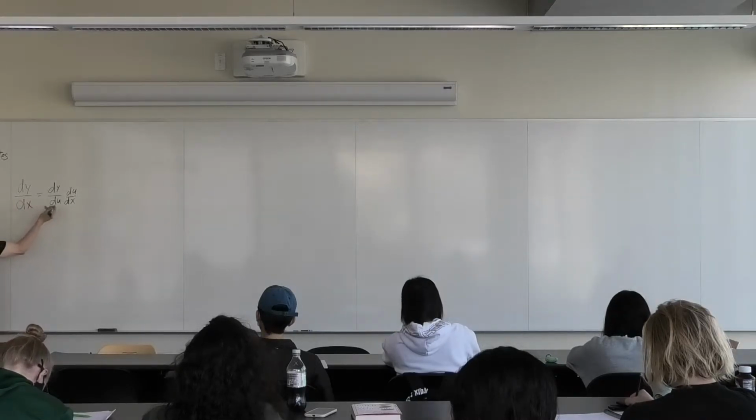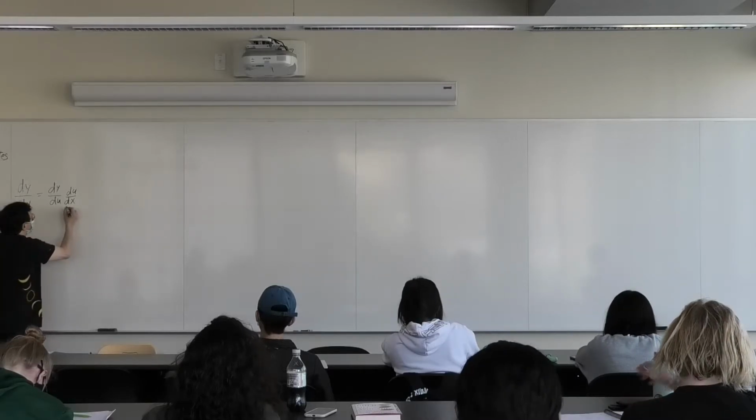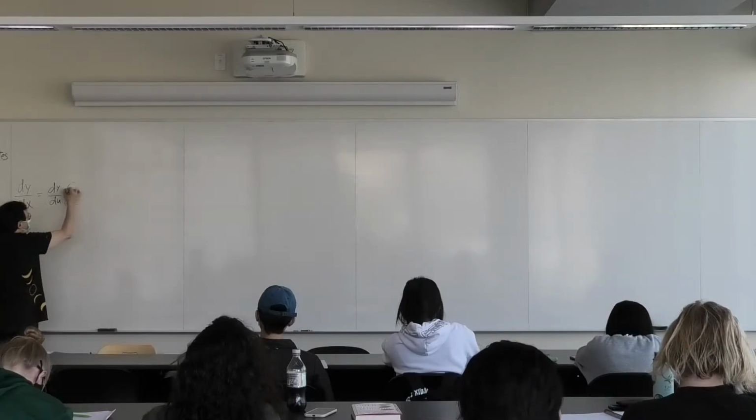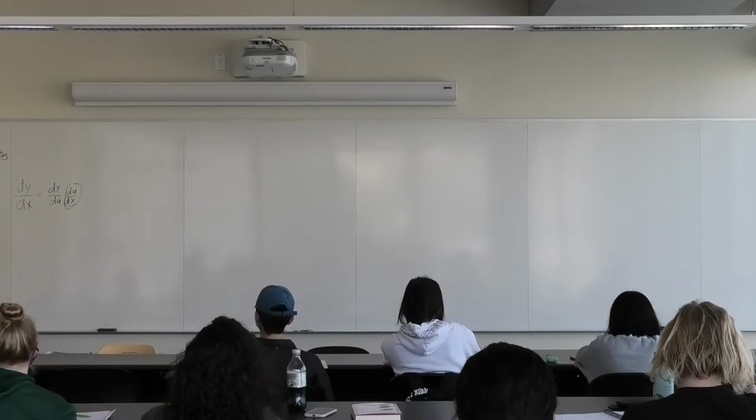Often x here will be t, as in time, and we'll have one of these. One of these rates will be given, and we'll have to figure out the other rate.